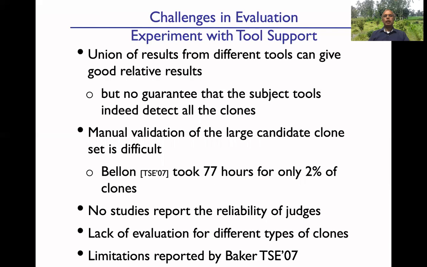So your benchmark is only the combination of the results of those clone detection tools. If somebody comes from outside of this set of tools, they will not perform well on this benchmark, because the benchmark is created for those tools, by those tools, right?